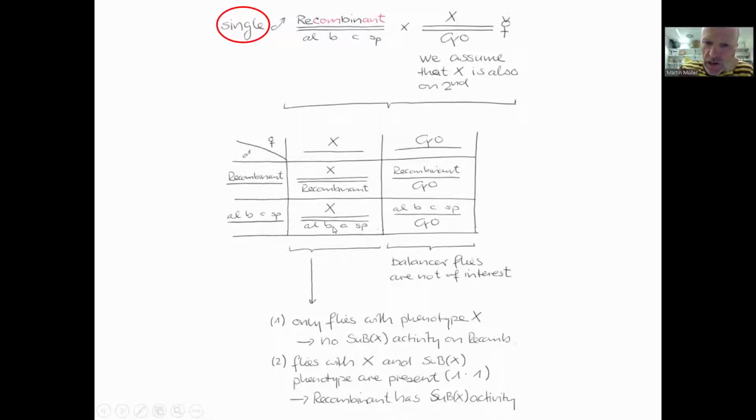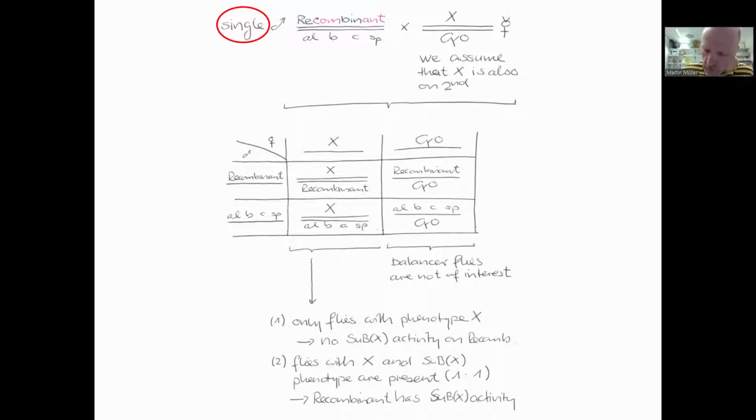And the question is then, do we see the suppressor phenotype in the progeny or not? If we have only flies with phenotype X, then of course there is no suppressor activity on the recombinant. If the ratio of flies which show the X phenotype and the suppressor of X phenotype is about 1:1, then we know that the recombinant has the suppressor activity.